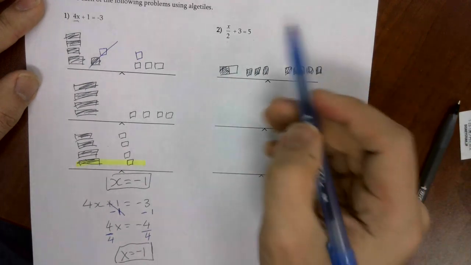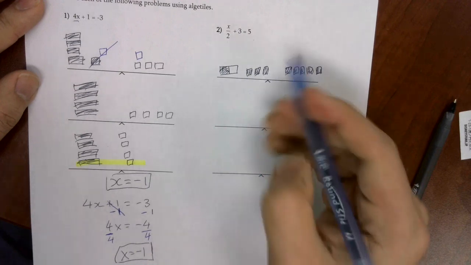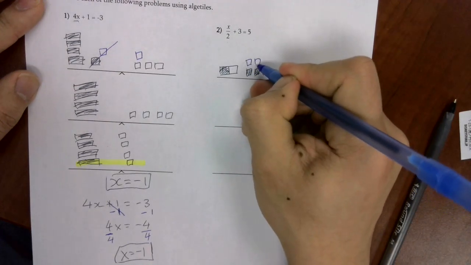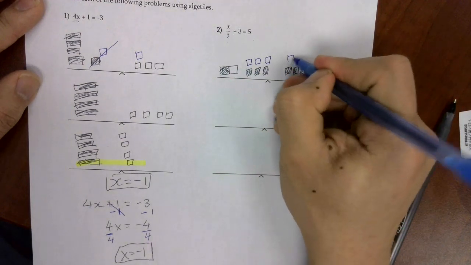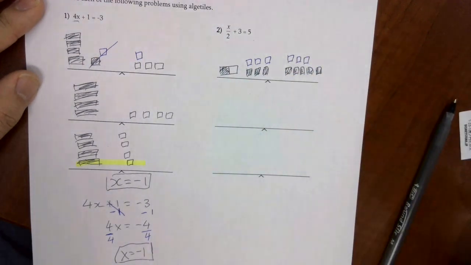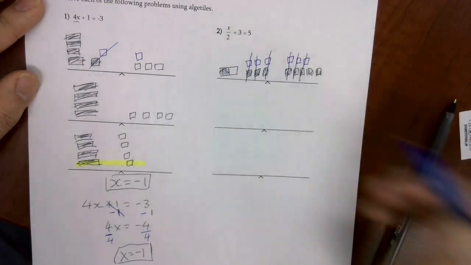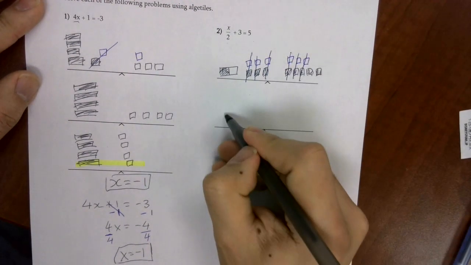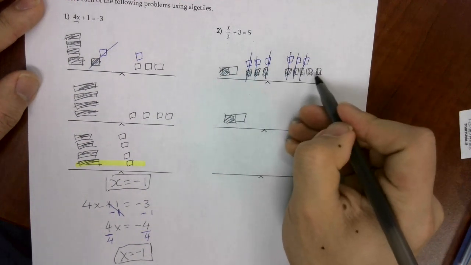So our first step is to get rid of positive 3. And to get rid of positive 3, you have to introduce negative 3. Whatever you do on the left, you have to do on the right. Okay, and because of that, this one goes away. So now we get x over 2 still. Now, what is left?